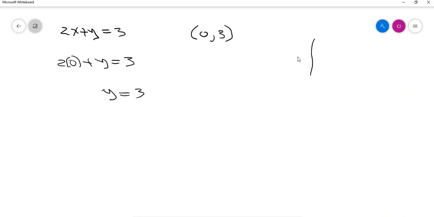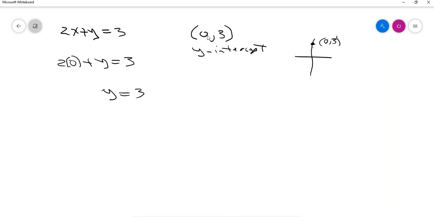Again, I'm just going to draw a quick graph here. So 0, 1, 2, 3. Okay, so this is my y-intercept. Sometimes people call them zeros because that's what you're working with, 0.